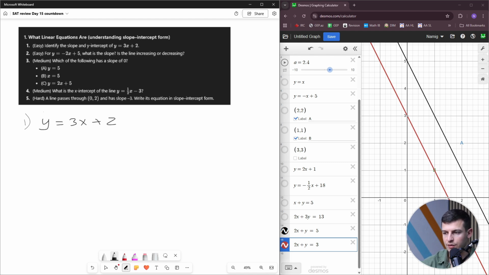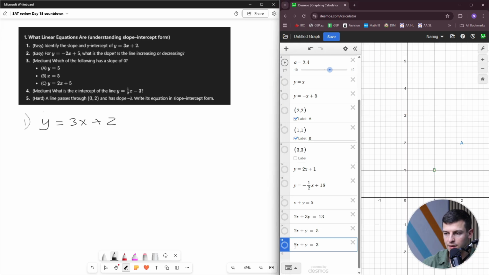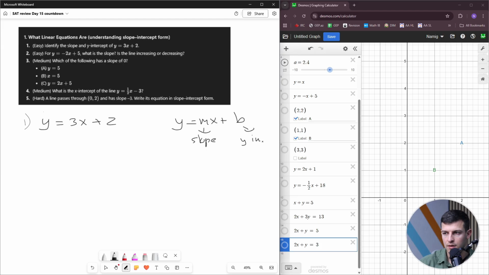We could also graph it, but we'll leave that out for now. We talked about y equals mx plus b, where m is the slope and b is the y-intercept. So with that logic, the slope m is going to be 3, and the y-intercept is going to be 2.